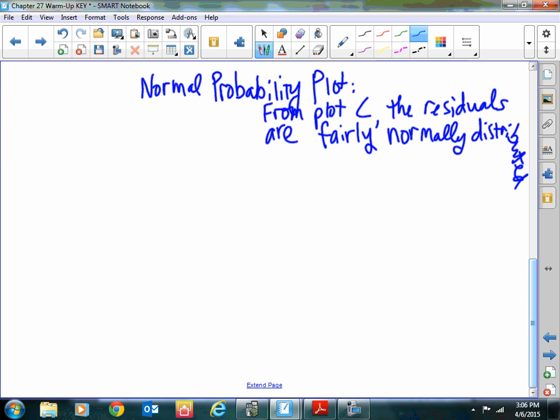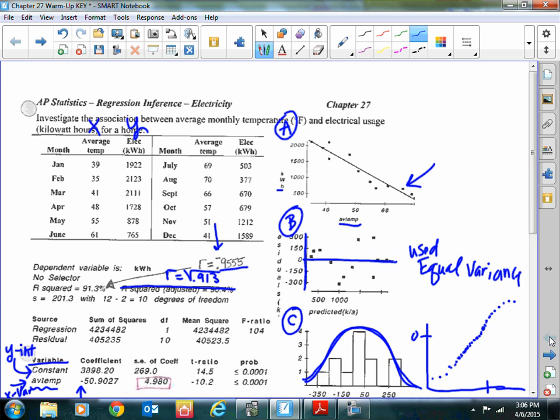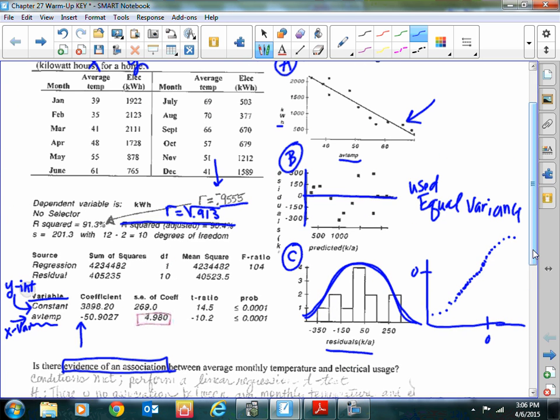Okay, and our last one, equal variance. That is the one I am looking for here in plot B, where I've got equalness of these points on either side of this line. It's not spreading out, it doesn't have a pattern, it's not fanning out.